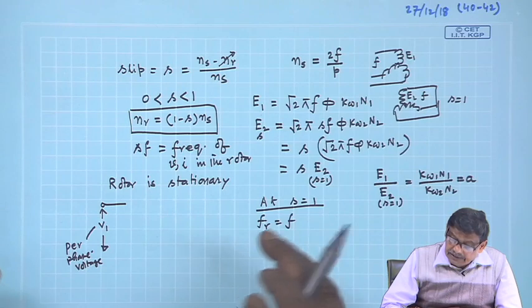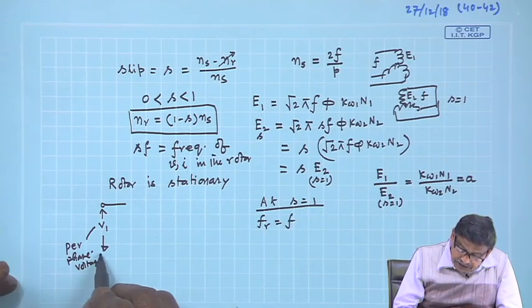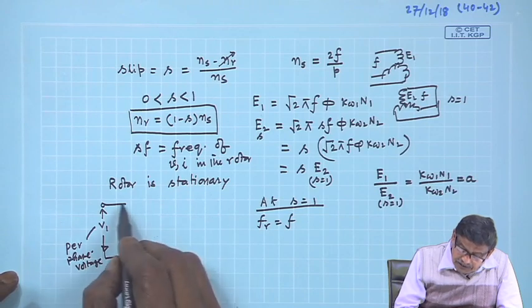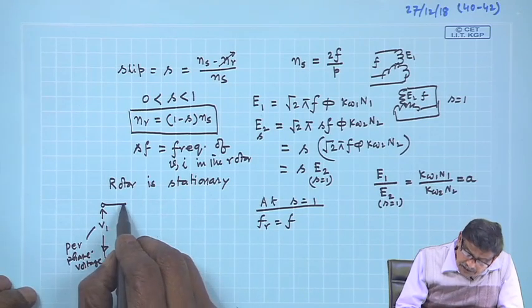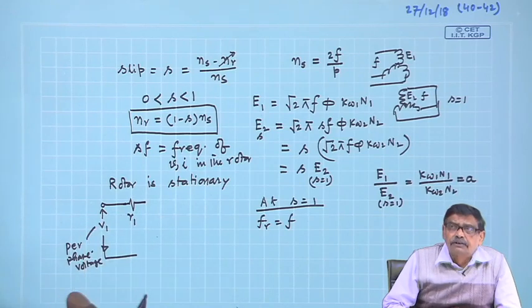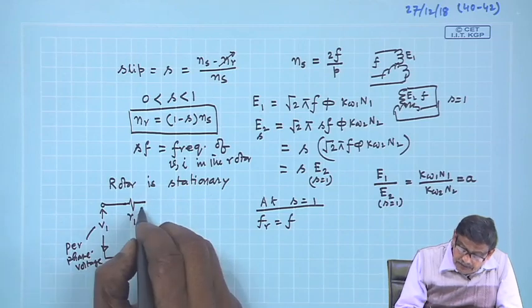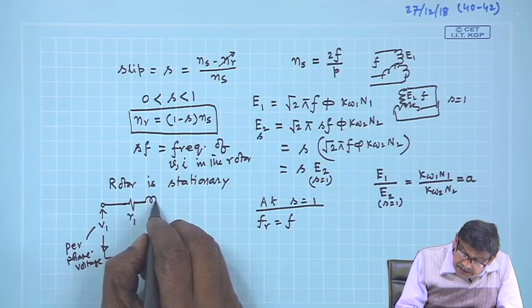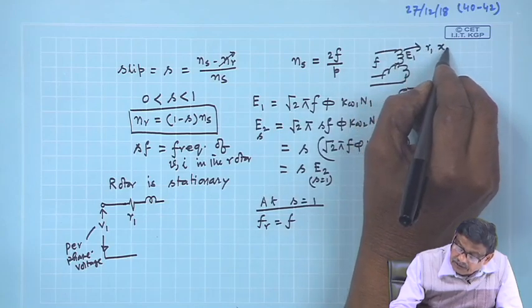So, at least at s equal to 1, therefore, it looks like the equivalent circuit will be just like a transformer. That is, there will be a stator, if it is not an ideal winding, of course, per phase resistance R1, and there will be leakage reactance, this winding is having R1 and X1.